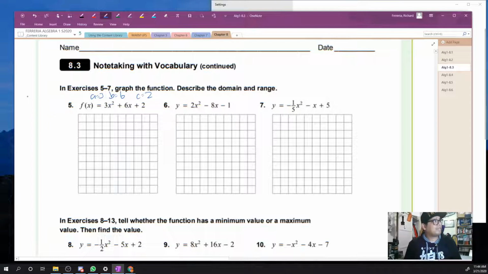So the axis of symmetry is x equals negative b over 2a, which means x equals opposite of 6 over 2 times 3, which is opposite of 6 over 6, which is negative 1. So there's our axis of symmetry, x equals negative 1.